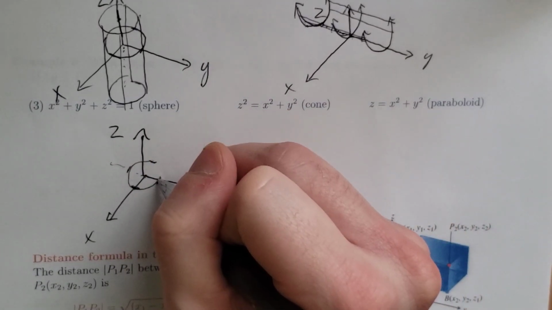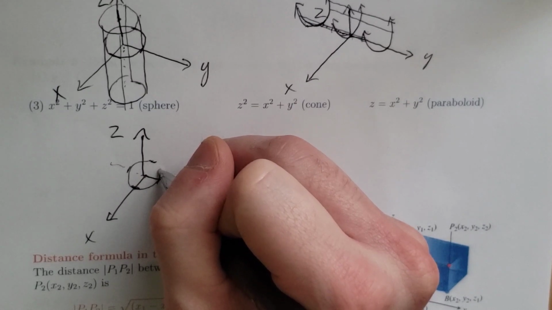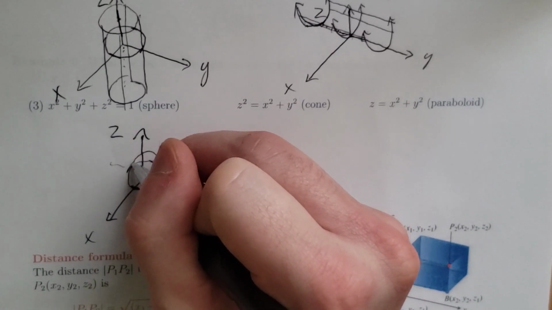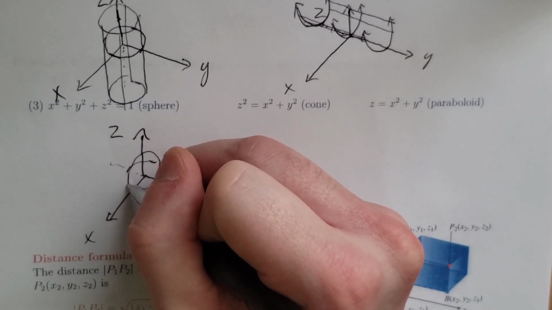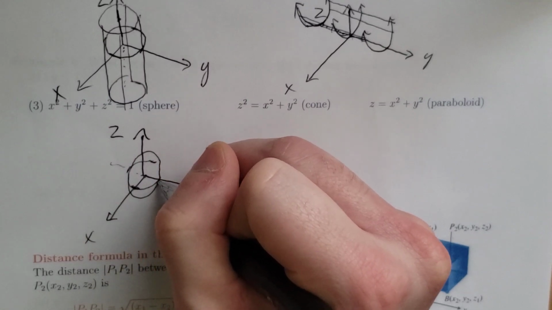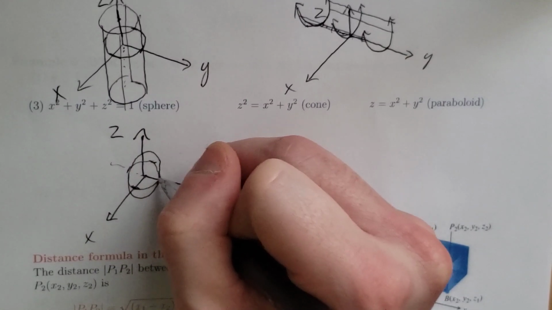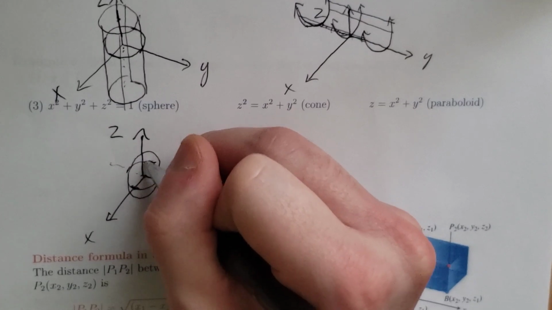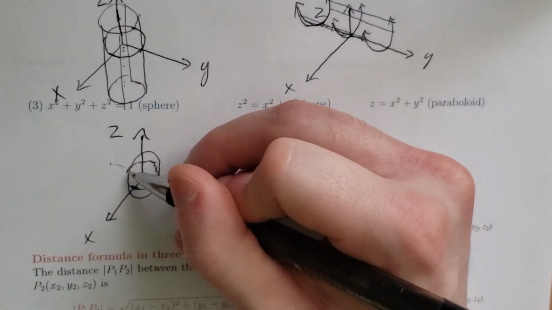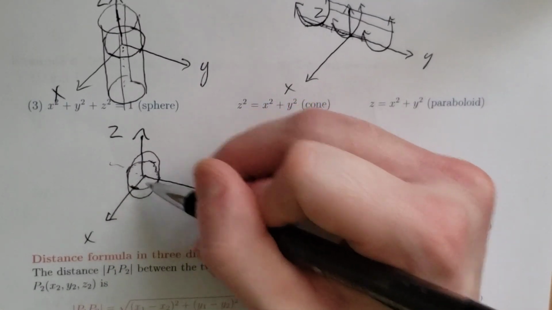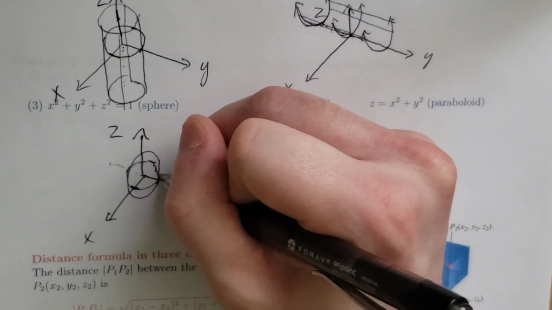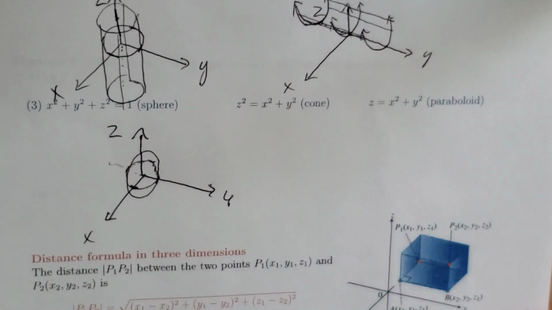But then we also have a circle in this direction as well. So we can draw our sphere. Probably should use dotted lines for the back part of the sphere. But we can attempt to draw our sphere here. I'm not the greatest artist, but I will do my best. So we have a sphere of radius 1 here.